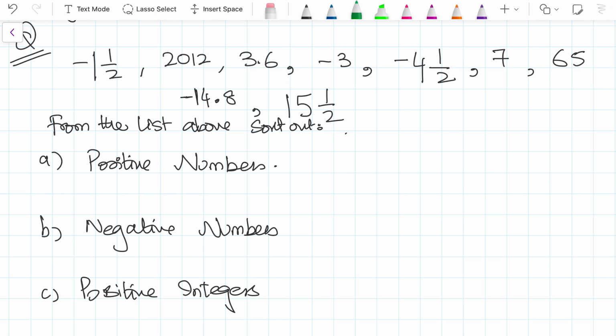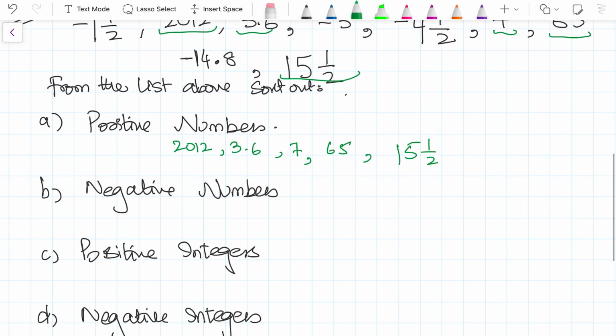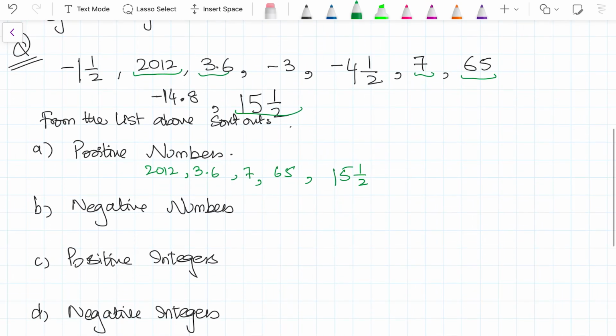positive numbers. So positive numbers are 2012, 3.6, 7, 65, a 15 and a half. Negative numbers are the rest of them, that is -1 whole 1 upon 2, -3, -4 whole 1 upon 2, -14.8.